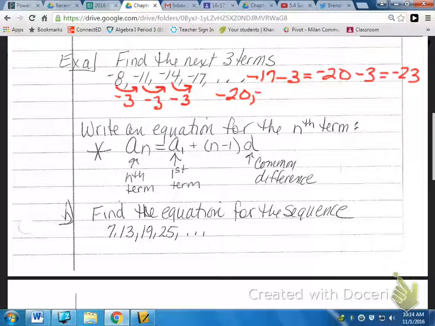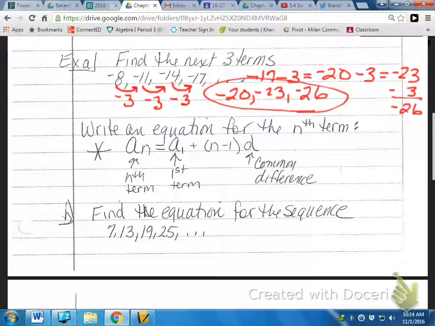And I take my -23 and subtract 3 more. That would put me at -26. This would be my next 3 terms. If I had to name the common difference, you would say -3.